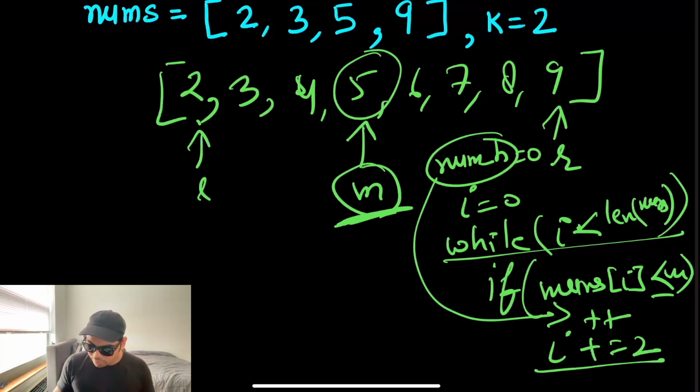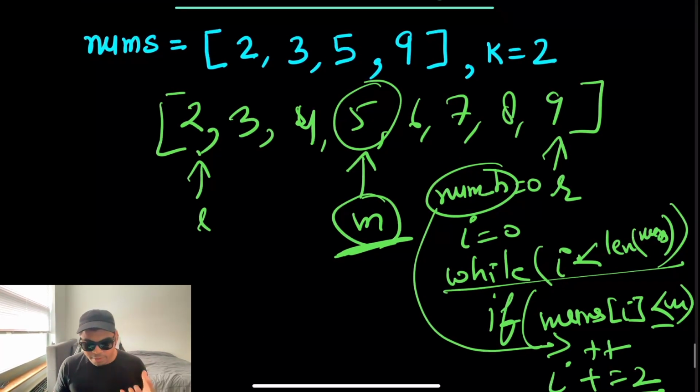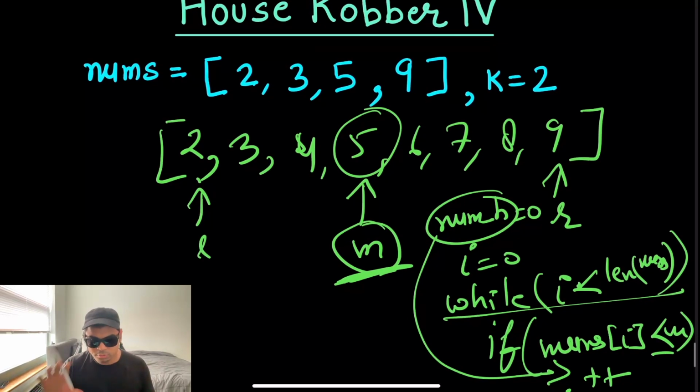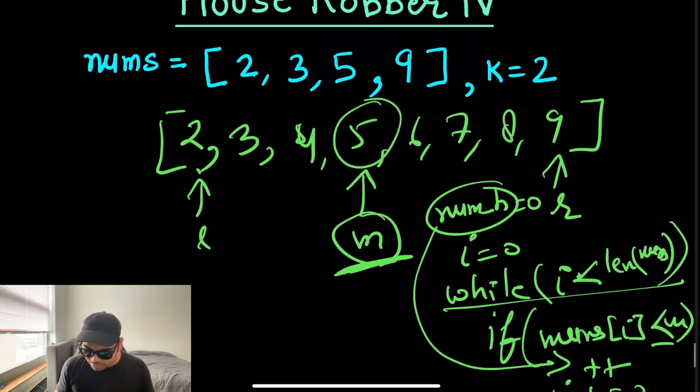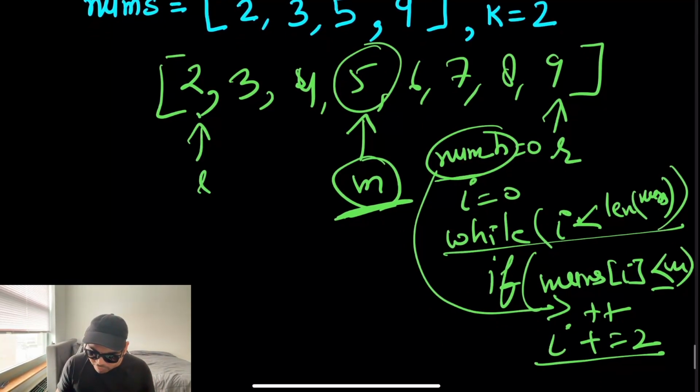We increment i by 2 because we want to skip. If we found some number below the capability, we could choose that house to steal from, and then we skip the next neighboring house, and this will return the number of houses that we could steal from.